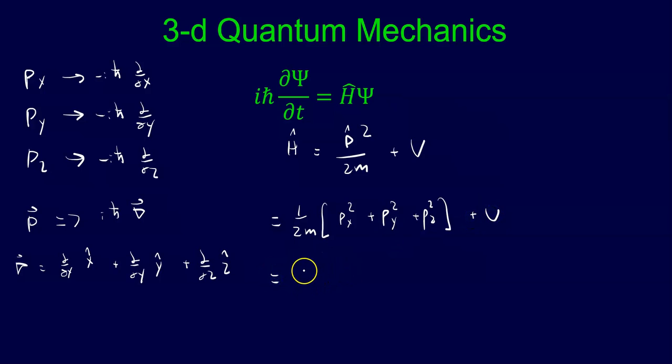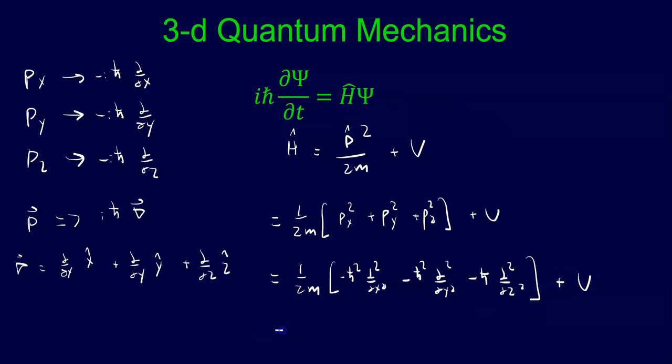And if we work through this, we get 1 over 2m, and when we square these we get negative h bar squared d/dx squared, negative h bar squared d/dy squared, negative h bar squared d/dz squared, plus our potential. And so, writing this all out, we get negative h bar squared over 2m del squared plus the potential.